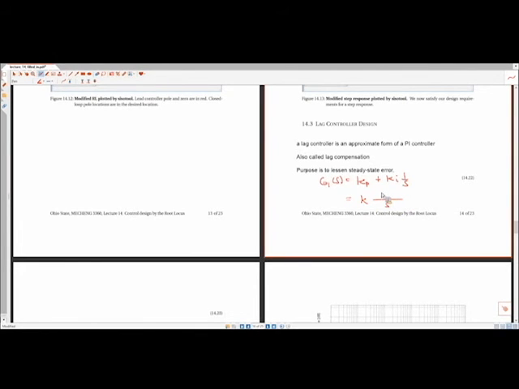And so we'll get into what T is and how that's important in a little bit, but we can then write that K would then be equal to Ki, and T is equal to Kp over Ki.